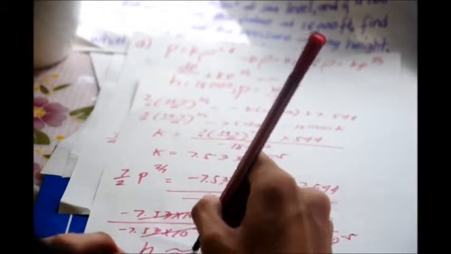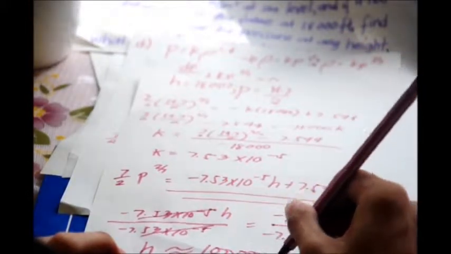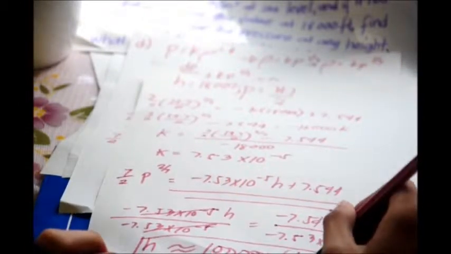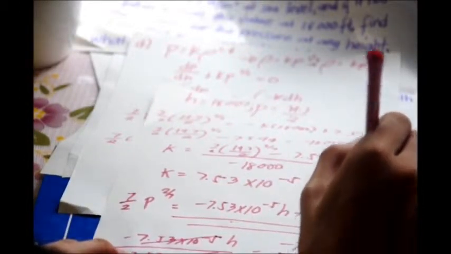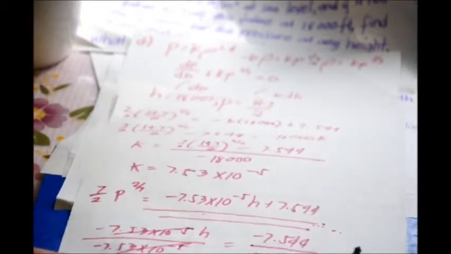Therefore, H is approximately 100,000 feet. So this is the predicted height of the atmosphere with this formula for the pressure at any height. So, thank you for listening and have a good day.